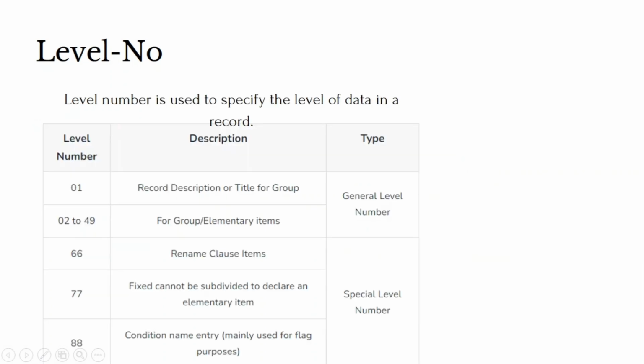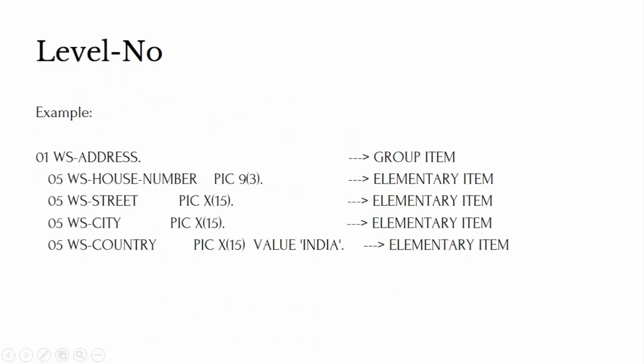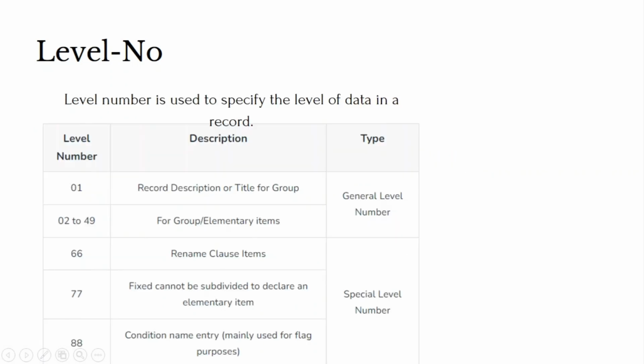We can give 01 to 49, for group or elementary items. Here we have given 05. And we have special level numbers like 66, 77, 88. If we define a variable name with 66, that means the variable can be used for the RENAMES clause. If we give a 77 variable, then it can't be subdivided.